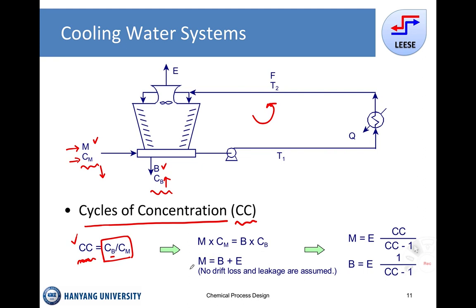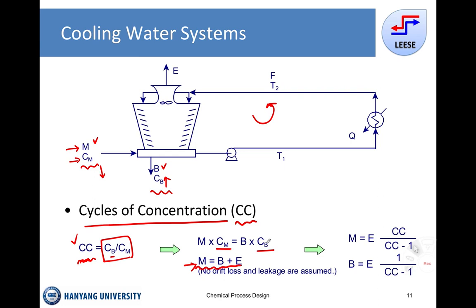Okay, so the first mass balance is the makeup M equal to B plus E. Okay, so M is equal to B plus E. Then we can have the concentration balance by multiplying with Cm and Cb.